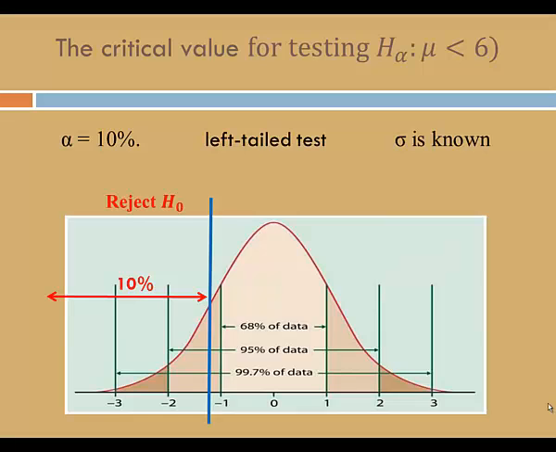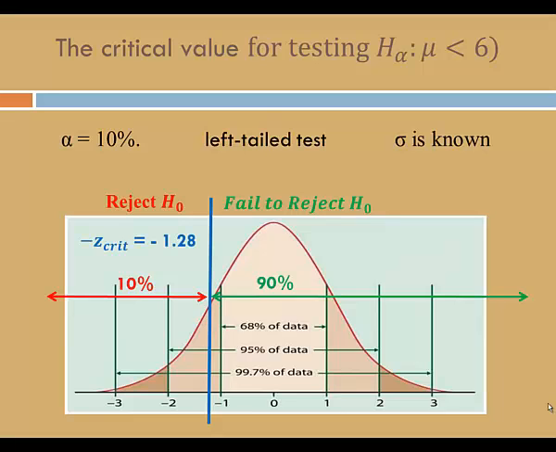If the test statistic falls to the left of this line, we will reject H0. That leaves 90% on the right-hand side. If the test statistic falls to the right of the blue line, we fail to reject H0. The critical value that separates the bottom 10% from the top 90% is negative 1.28.